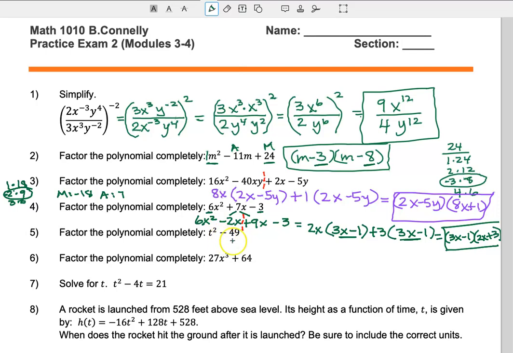Okay, on this one, this is a difference of squares. And I sent you guys an announcement earlier today. It's the week 8 announcements that I'm referring to. I told you on there, you really need to memorize a couple of things for the factoring. One of those is what the difference of squares is, like how that factors.